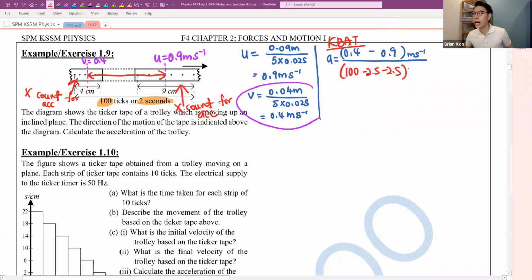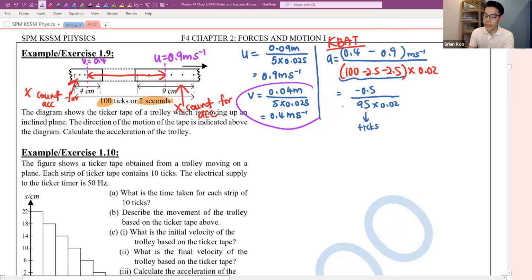Okay, I show you working here to count how many ticks times 0.02. So actually only got 95 ticks. Okay, you don't want to write this working, can you straight write 95, can?